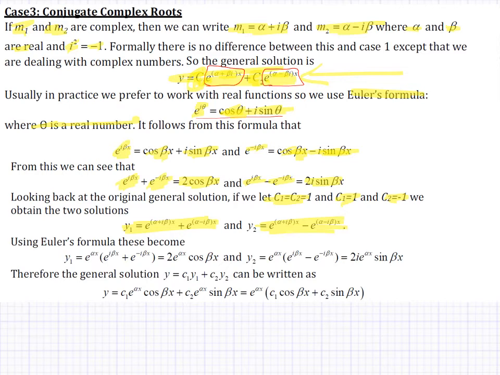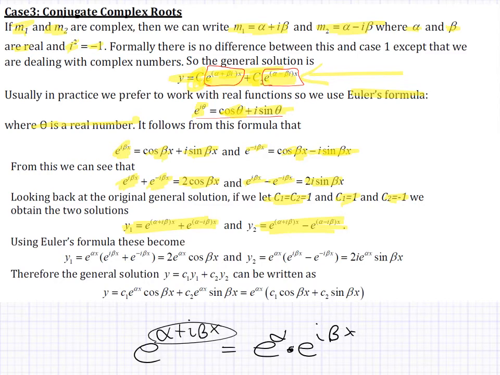Then we can say, all right, if we were to look at y1 a little bit closer and rewrite it, well, e to the alpha plus i beta x, and the same thing for e to the alpha minus i beta x, can be written as e to the alpha x times e to the i beta x.